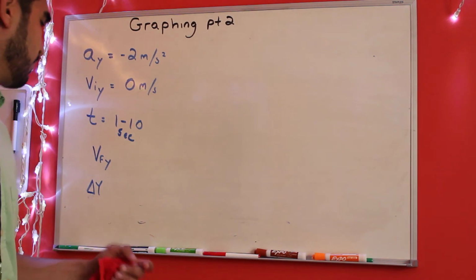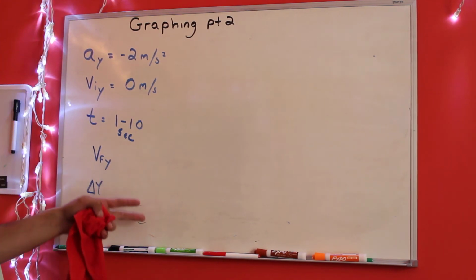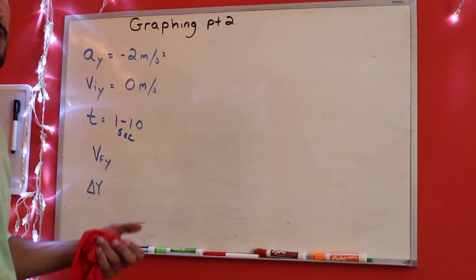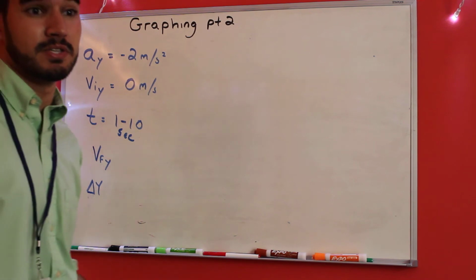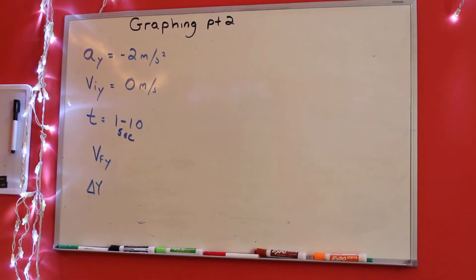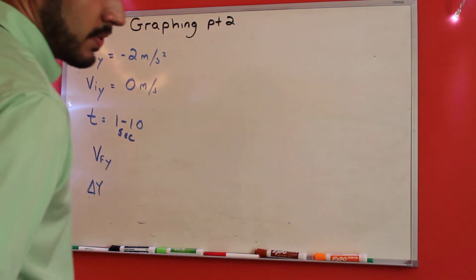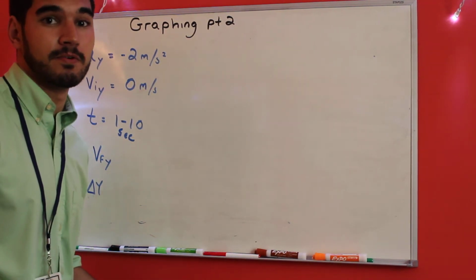Now, I want you to take a second. I'm not going to tell you, but what do you think if this object is heading towards the ground? What sign must delta Y and vFY be? Okay, they have to be negative.